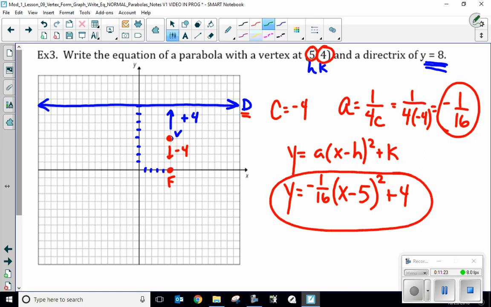So let's do this in purple. My focal width, the width of my parabola right at the focus, is 4c, 16. So I'm going to go 8 to the right, 1, 2, 3, 4, 5, 6, 7, 8. I'm going to go 8 to the left, 1, 2, 3, 4, 5, 6, 7, 8. Do not forget to count the origin.